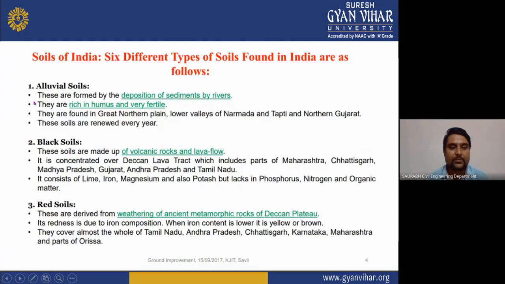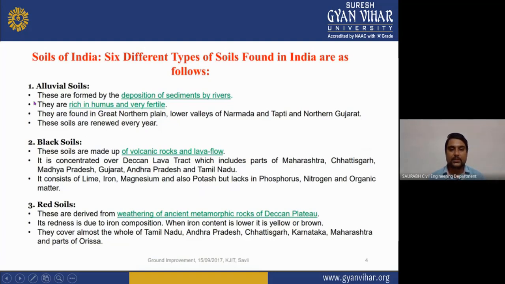Now come to the black cotton soil, which is also known as black soil. Black soil is made up of volcanic rock and lava flow.